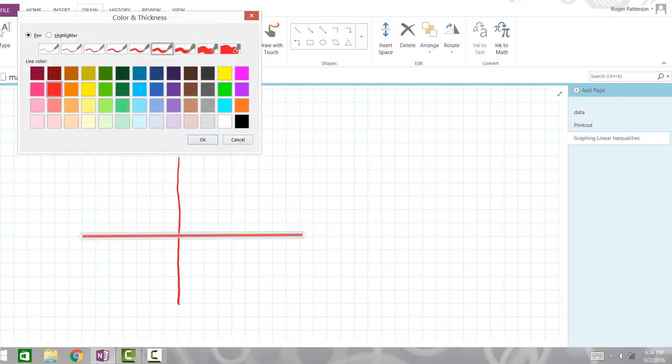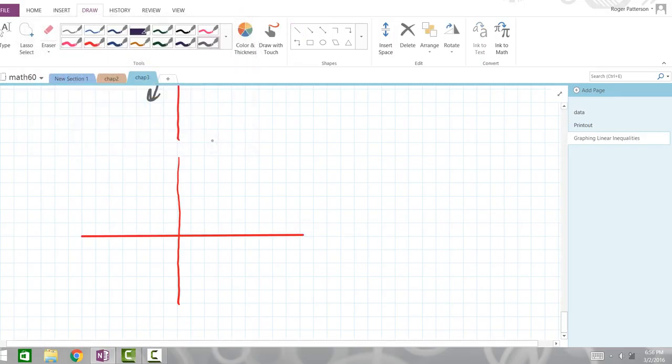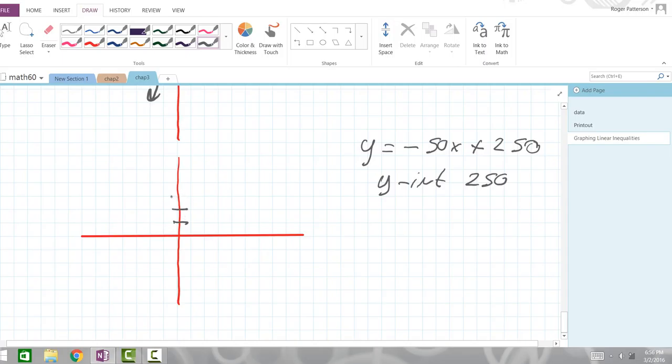All right, here we go. Gonna do B. Okay, y equals negative 50x plus 250. What's the y-intercept? 250. Okay, we're definitely scaling this one. What do you want to go by? 50s. 50, 100, 150, 200, 250, 300.